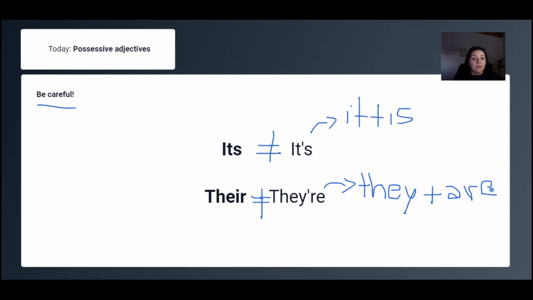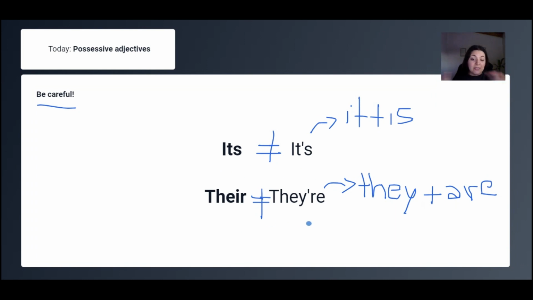We need to be careful with these four words because its and it's sound the same. I mean, the pronunciation is the same. The category of word they are is different, but the pronunciation is the same. But something different happens here.